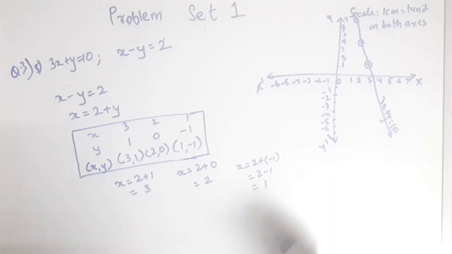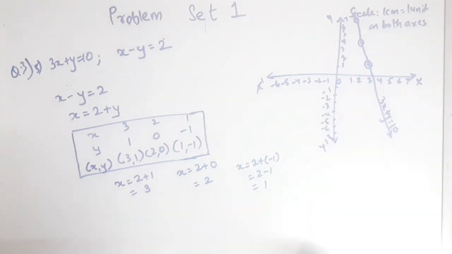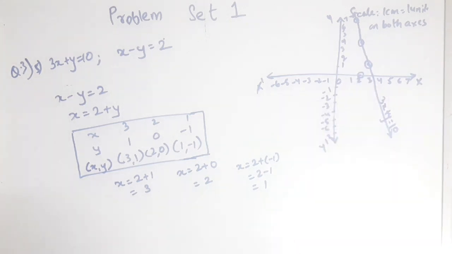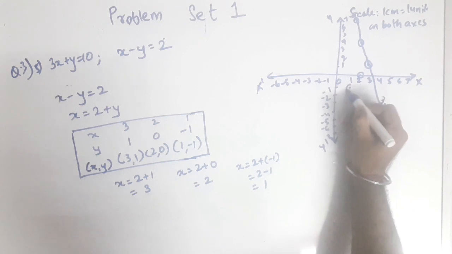First point we'll plot 3 comma 1. Okay, 3 comma 1 was there in the previous equation also, so you got the answer actually. 2 comma 0 will be here. And 1 comma minus 1 will be here.